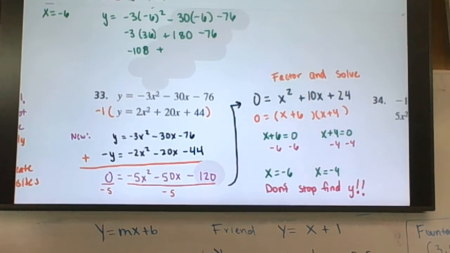You actually can if you want to. You can plug in a lot of different things. You could plug in x squared plus 10x plus 24. This answer is negative 6, negative 4.